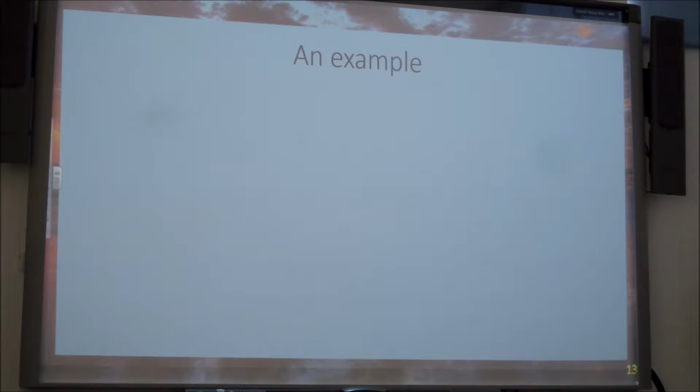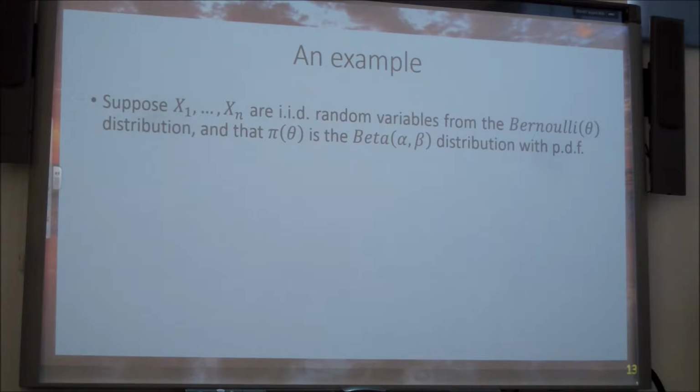Okay, so we can do an example now. Suppose x1 to xn are IID random variables from the Bernoulli distribution with parameter theta, and our prior distribution for theta will be the beta alpha beta distribution, which has this PDF. If you haven't seen the function on the left before, it's called the gamma function, and I'll just define it.